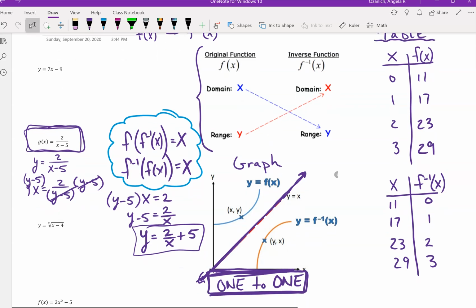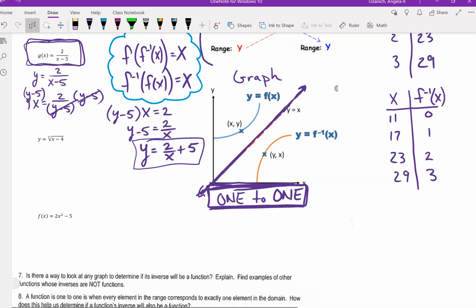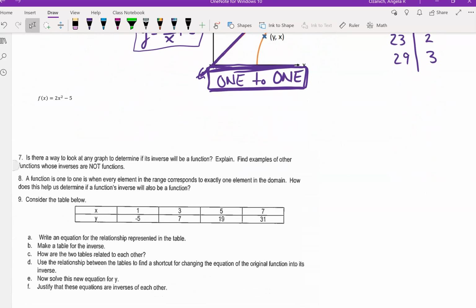All right, let's move on down a little bit here. I'm going to go ahead and skip over this example. One of the things to watch out for as we're finding inverse functions is that it's possible you might have to restrict the domain in order to have a one-to-one relationship or correspondence.